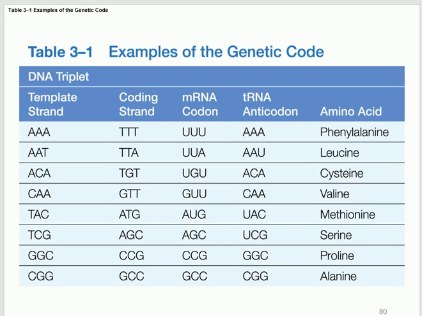This is a template, and the coding strand was TTT. Okay, so the copy will be UUU. How did you know that? Because A. What goes with the A? T, right? This is for the DNA.